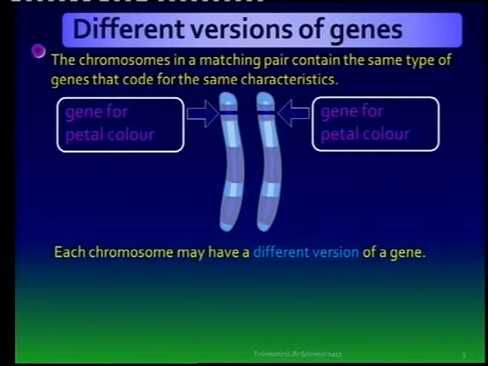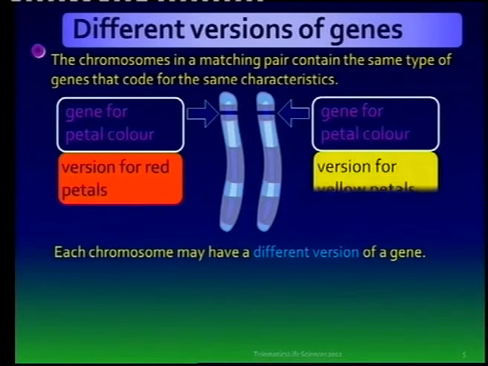Right, we're going to look at certain of these terminologies again, so that we can look at when we have different versions of the genes. We talk about different alleles. For instance, here we have a gene that codes for the color of petals, but these are two different alleles. The one codes for red petals.